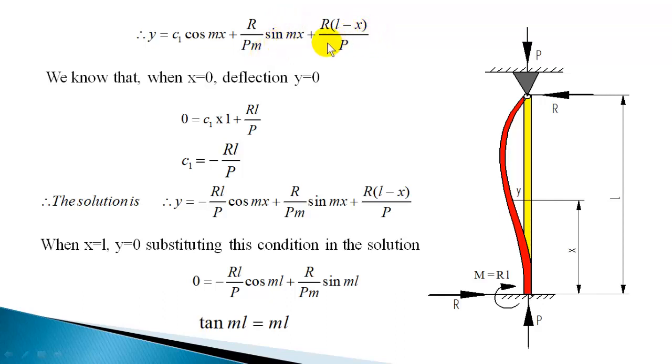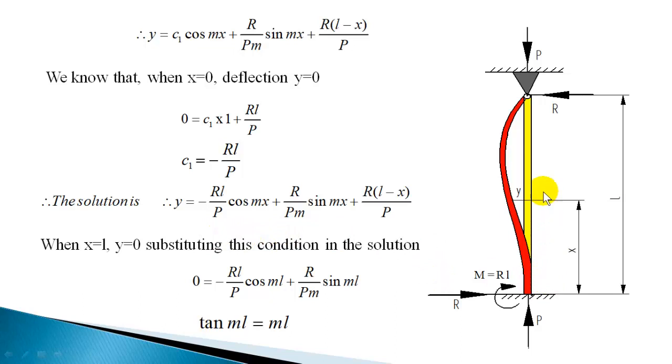When x is 0, you get RL by P. So C1 plus RL by P is equal to 0, or C1 is minus RL by P. So you got the other constant C1 as minus RL by P. Now you can substitute C1 also here. Y is equal to minus RL by P cos mx plus R by Pm sin mx plus R into L minus X by P.